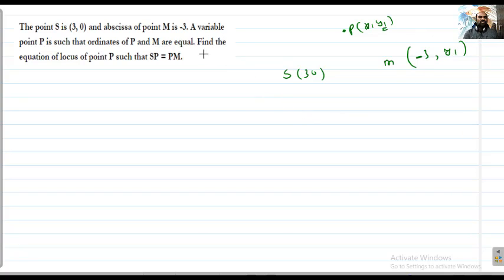Find the equation of locus of P such that SP equal to PM. So let P (x1, y1) be a point on the required locus.